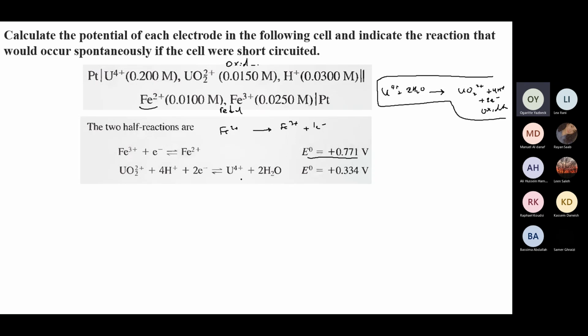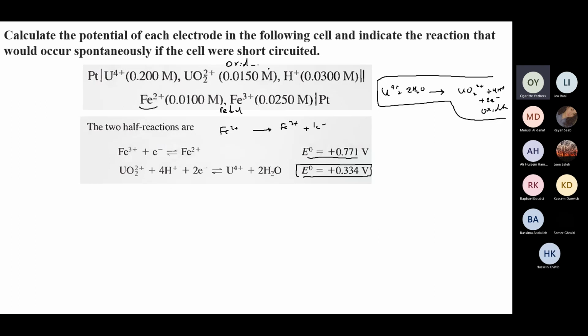Great. But when I write the reaction and I put the reduction potential for it, the reduction potential is always for what? For the reduction half reaction. But what is really taking place is indeed oxidation, and the reaction taking place is more like this one.